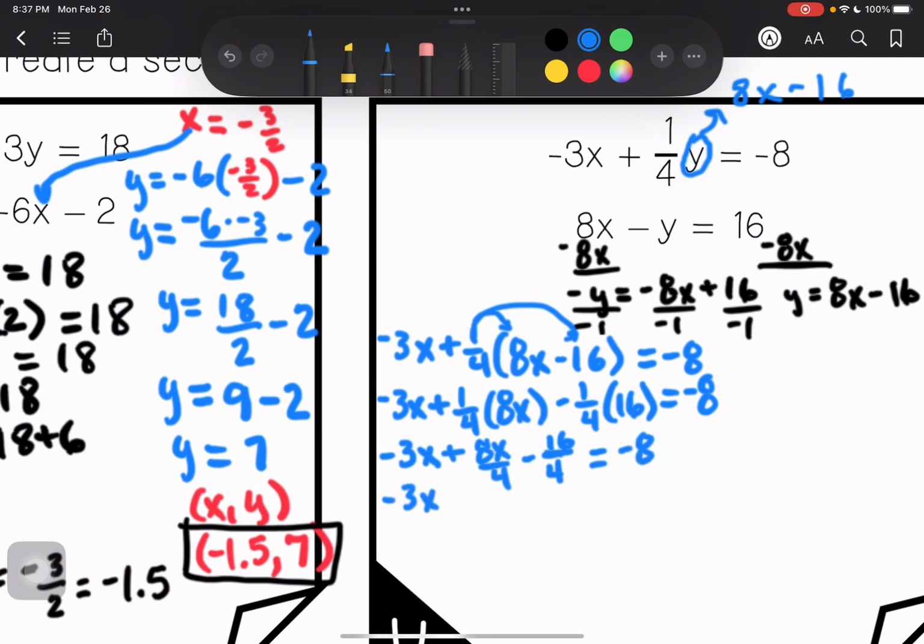This is negative 3x plus 8x divided by 4 is 2x. 16 divided by 4 is 4, equals negative 8. Combine like terms. Unlike signs, you subtract and take the sign of the larger absolute value. This is minus 4 equals negative 8. Now I want to add 4 to both sides so I can combine like terms.